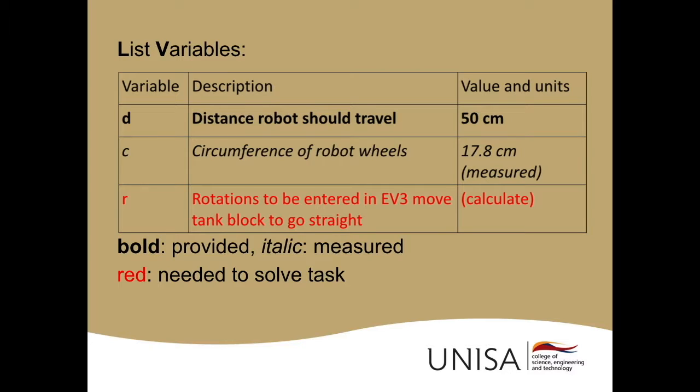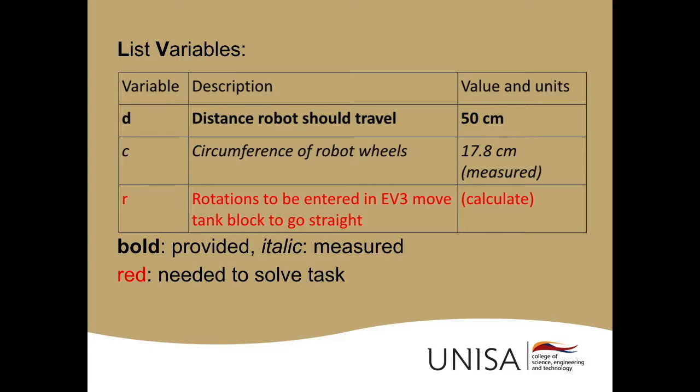So what we need in our program actually is the number of rotations that we are going to enter into the go straight block, and those we want to calculate. So you see that I have rows in my table here that are in bold. Those are the variables for which a value is provided in the problem statement.